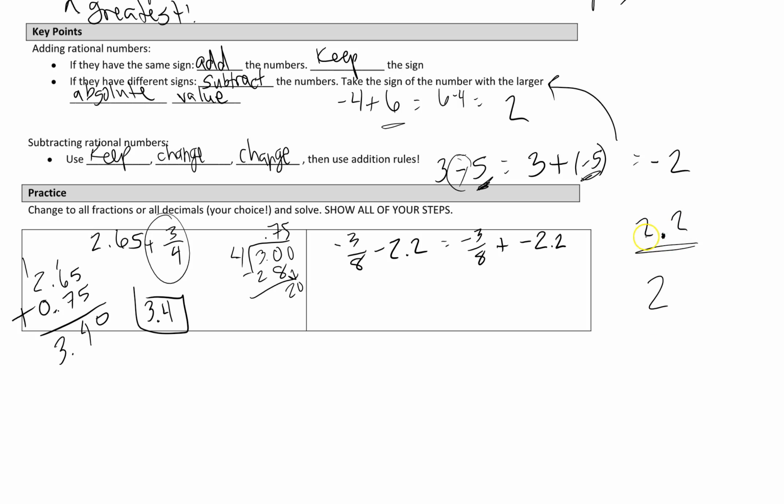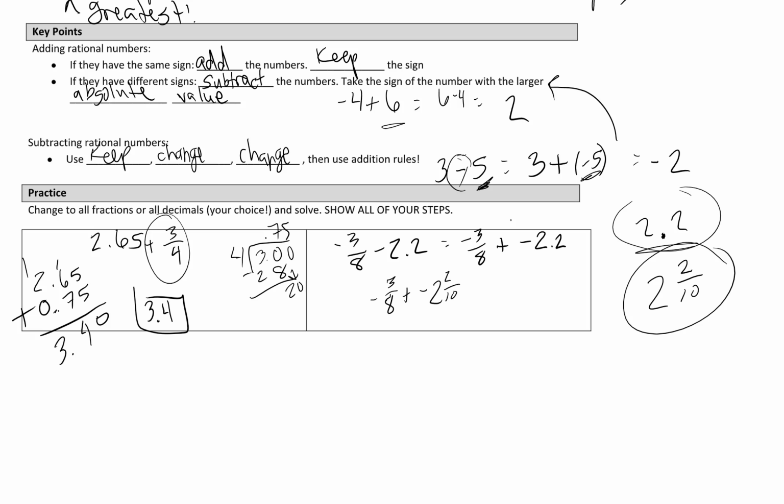Decimals are and, so 2 and 2/10. I know this is tenths because it's in the tenths place value. So if I say the top number right here as 2 and 2/10, that's exactly how I say this number, 2 and 2/10. So we're going to make -3/8 plus -2 and 2/10.